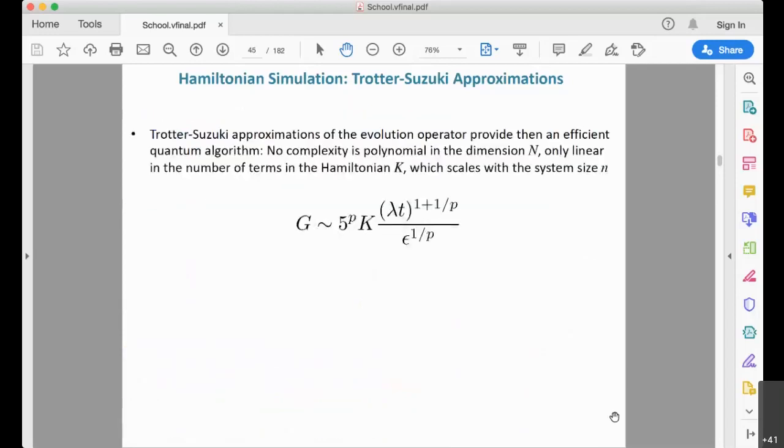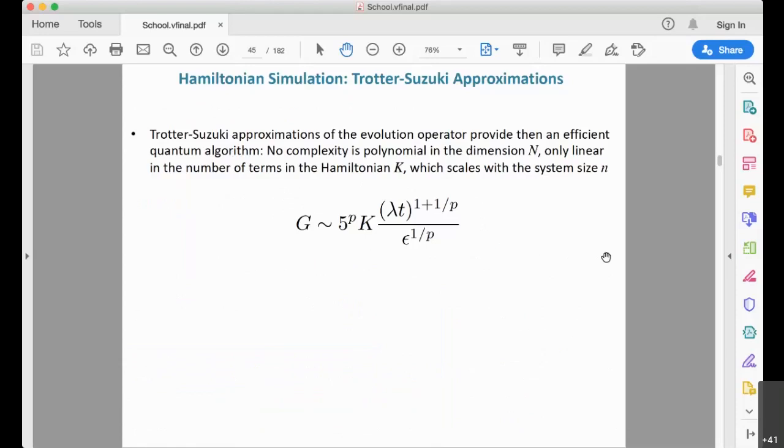When you look at the overall gate complexity, it depends on this way. So it's not clear anymore that large p is the best thing to choose, because you have this factor that is growing exponentially in p. So this can be optimized, all right? And people play these games, in fact, for particular instances of the problem, for simulating particular Hamiltonians, like Hamiltonians in quantum chemistry and so on.